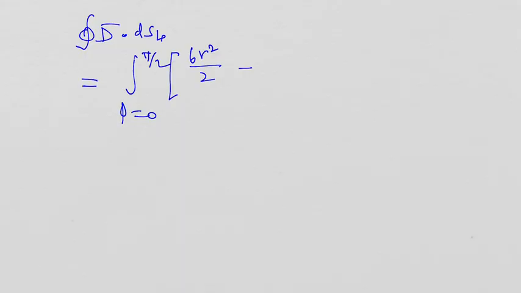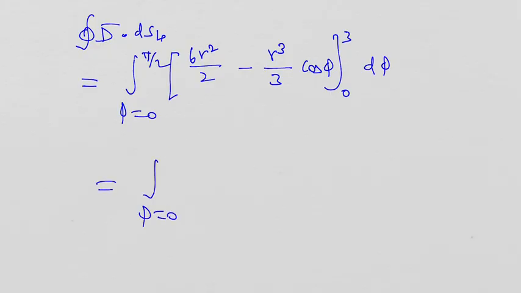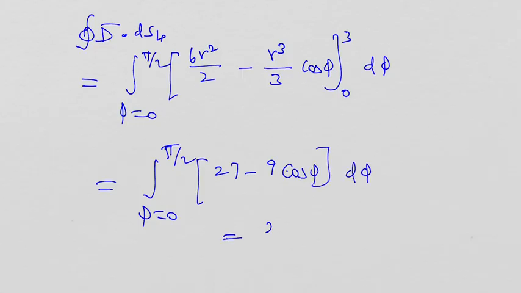When it is integrated with respect to r, cos phi is treated as a constant, r cube by 3 into cos phi, where the lower limit is 0, the upper limit is 3, and again this is to be integrated with respect to phi from 0 to pi by 2. Yes, 27 minus 9 cos phi, into d phi, which will be equal to 27 into d phi will be phi, so 0 to pi by 2.